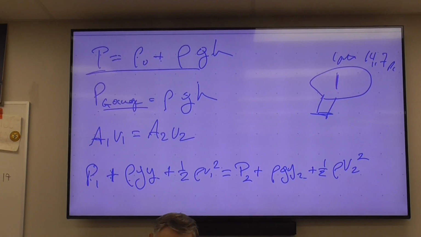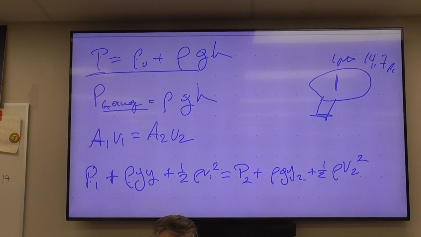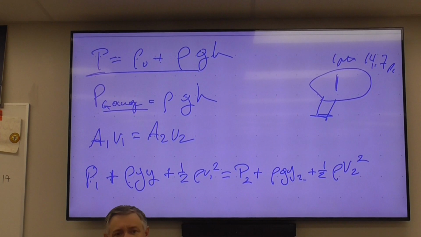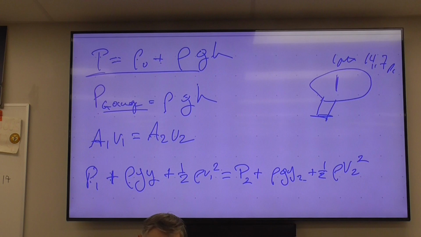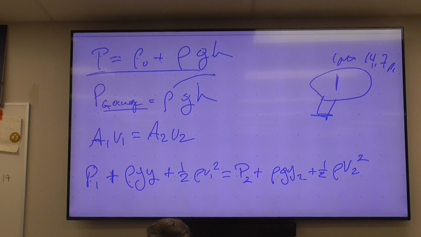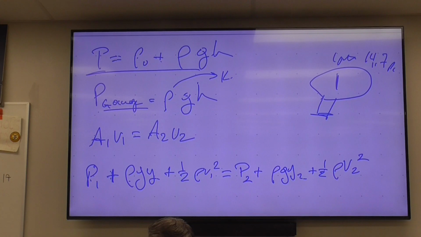So when you look at these two pressures, this gauge pressure is just rho g h. If you look at the units, as we talked about, you've got density in kilograms per cubic meter, meters per second squared, and then meters.